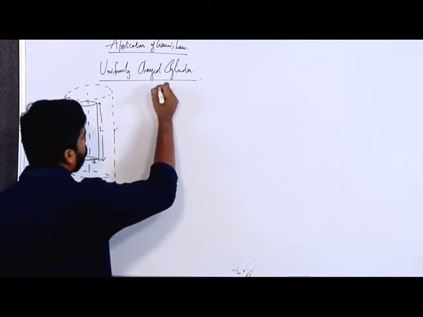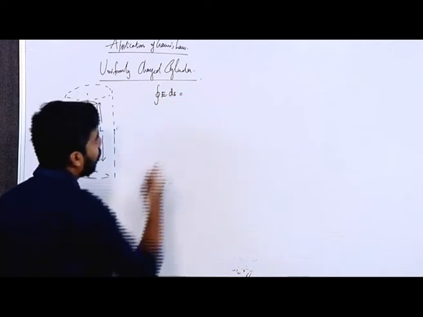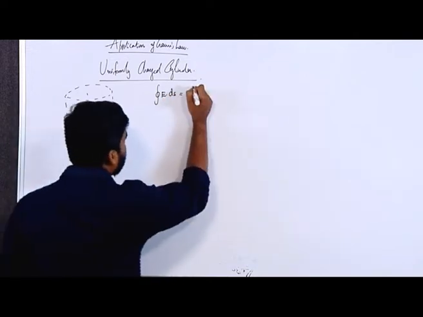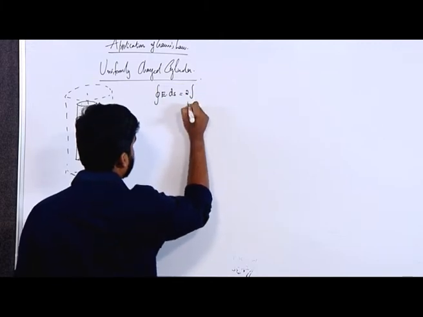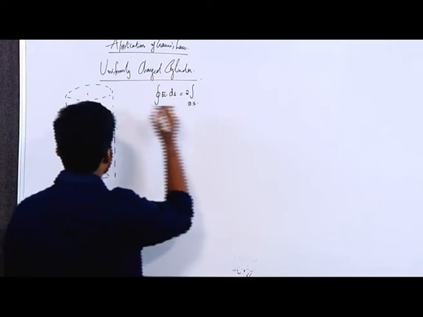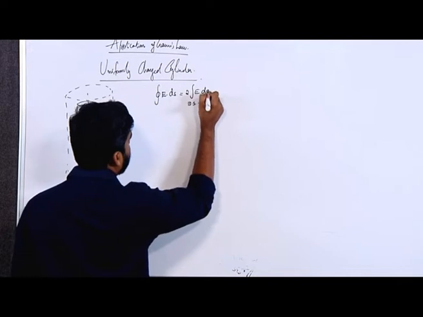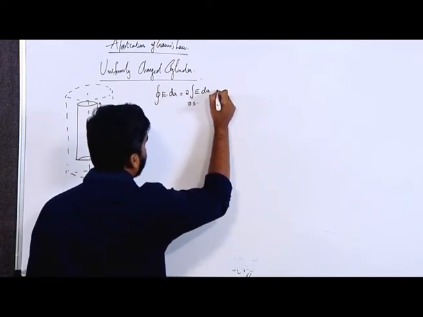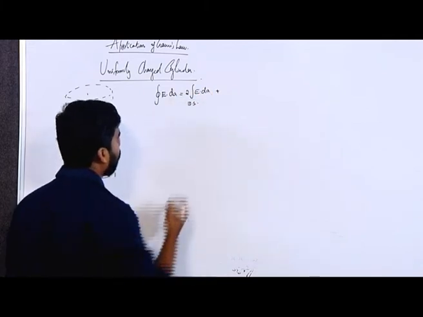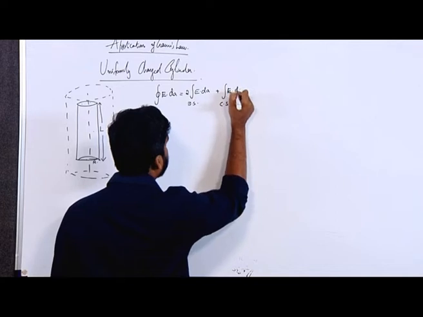So, I will write Gauss's law, closed integral E dot dS is equal to integral over the base surfaces 1 and 2 E dot dA plus integral through the curved surface E dot dA.